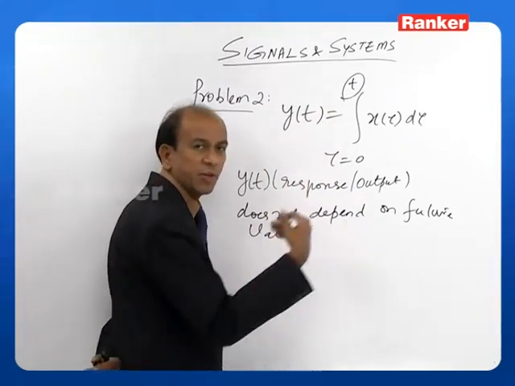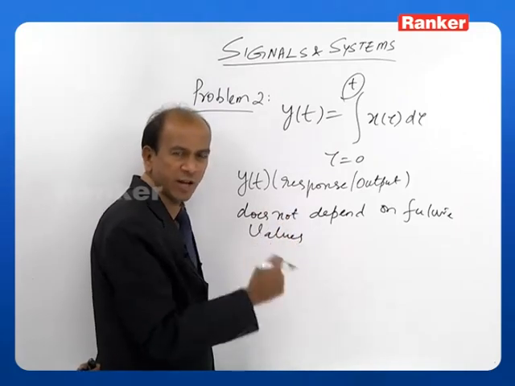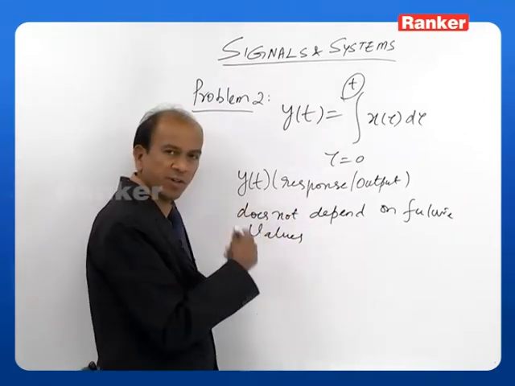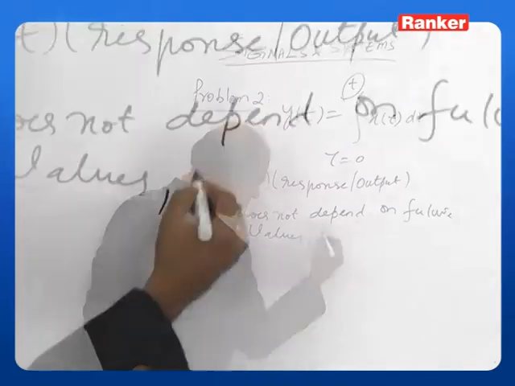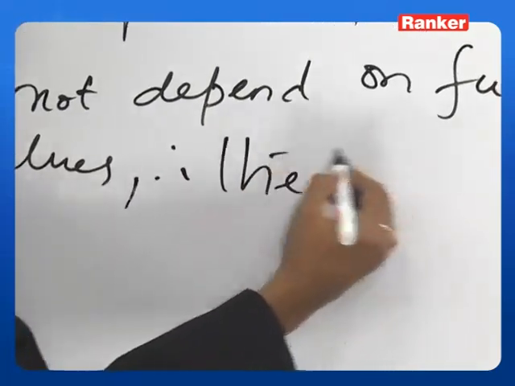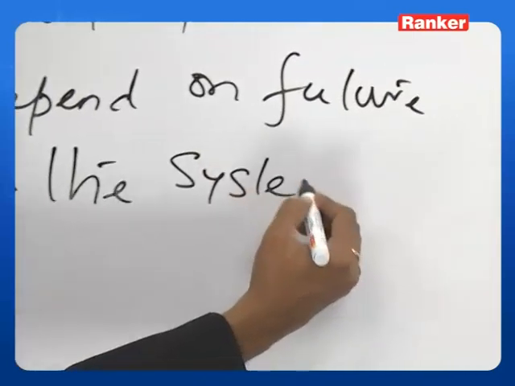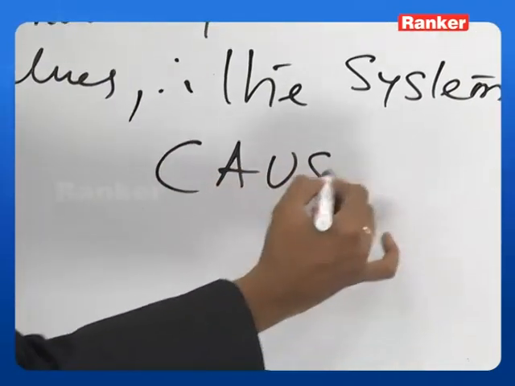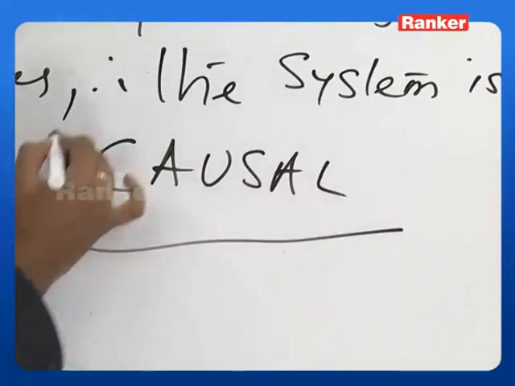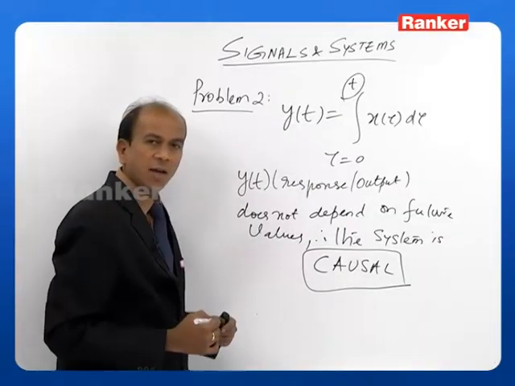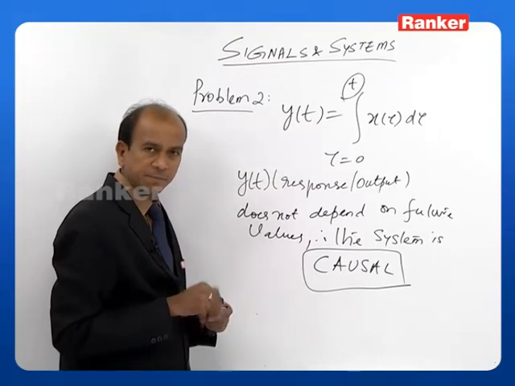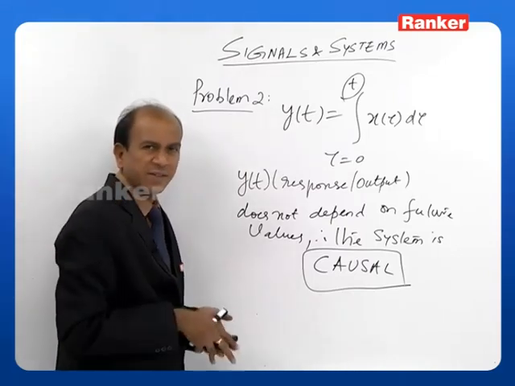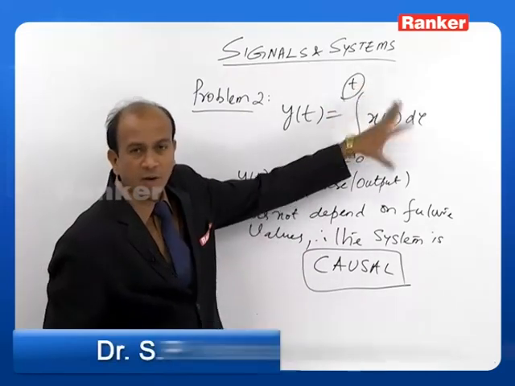We are not going into the future. T plus anything is a future. So, we are stopping at t. So, this system does not depend on future values. So, what is the type of system? Therefore, the system is a causal system.